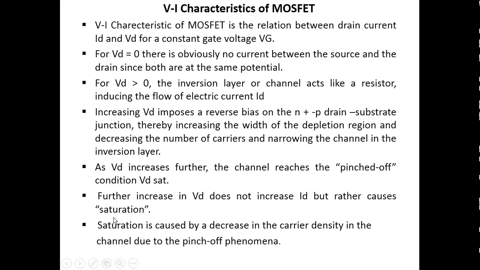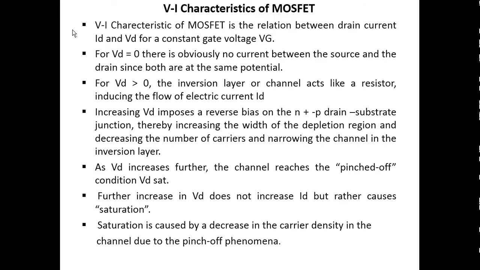Now let us consider the VI characteristics of the MOSFET. What is meant by the volt-ampere characteristic of a device? For any device like a transistor, the VI characteristic is the plot of the drain to source current when a drain to source voltage is applied for a particular gate voltage.